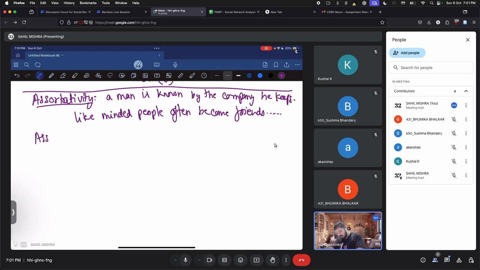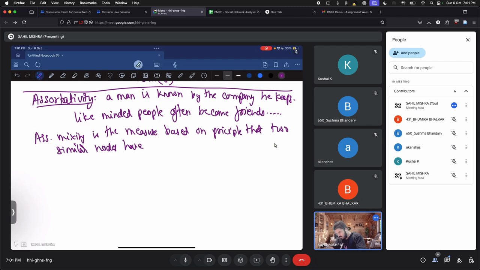So assortative mixing is the measure based on the principle that two similar nodes have a high preference for each other.